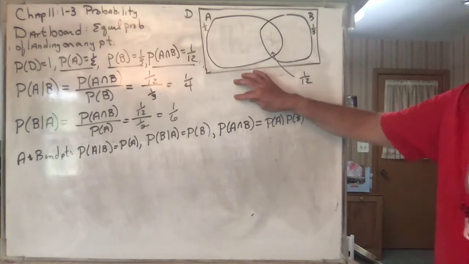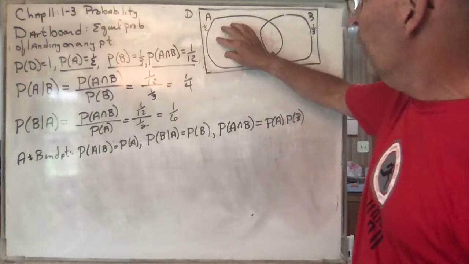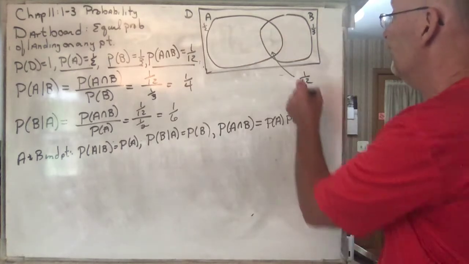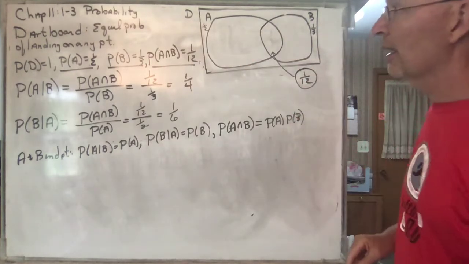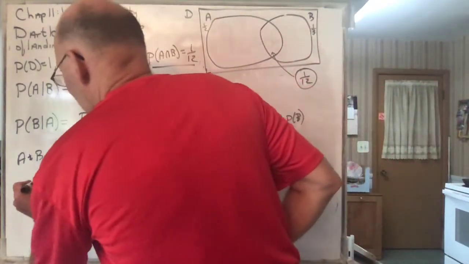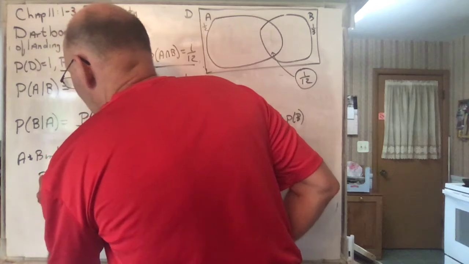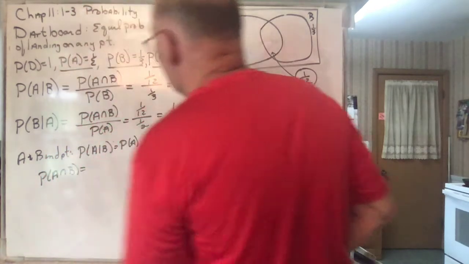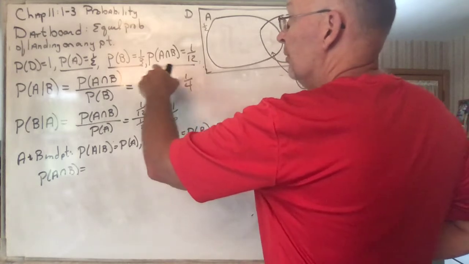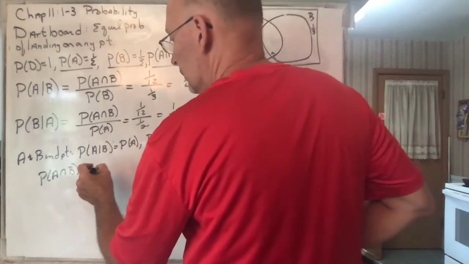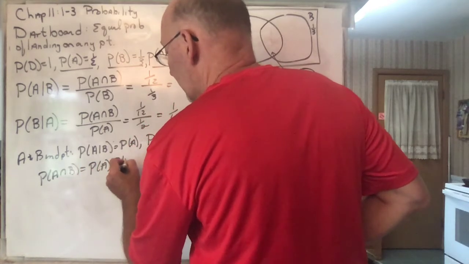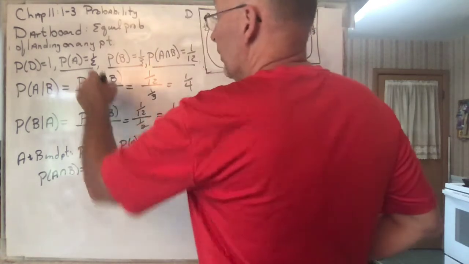So, let's go back to this problem. If I wanted this A and this B to be independent, then what would this have to be right here? Let's check it out. What would this intersection have to be? The intersection would have to be equal to the probability of A times the probability of B. What is the probability of A?